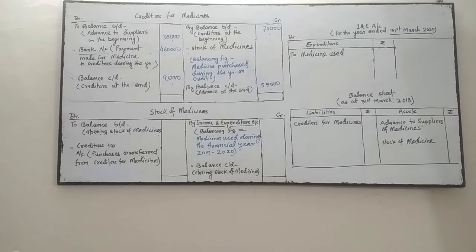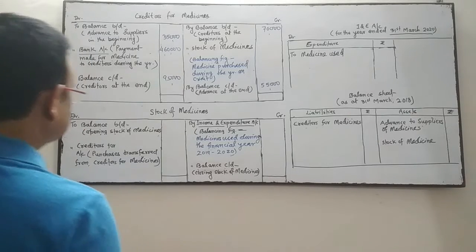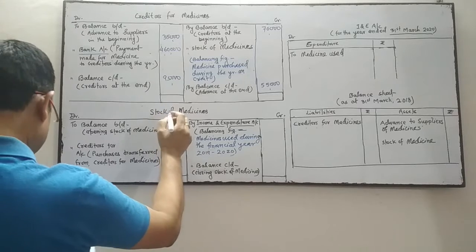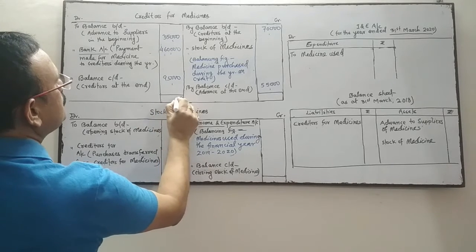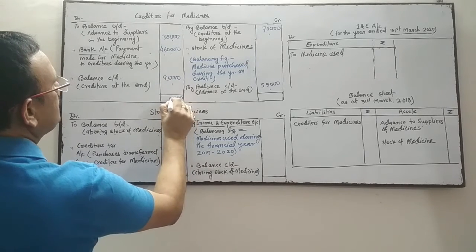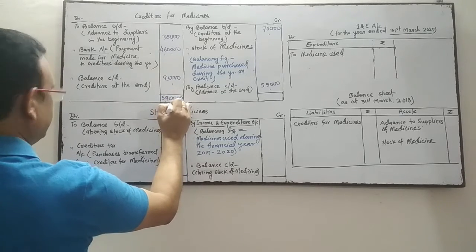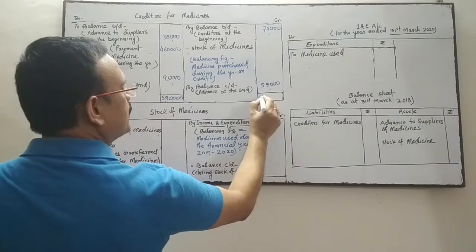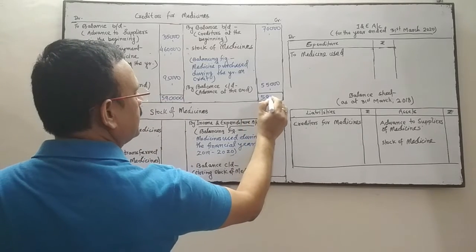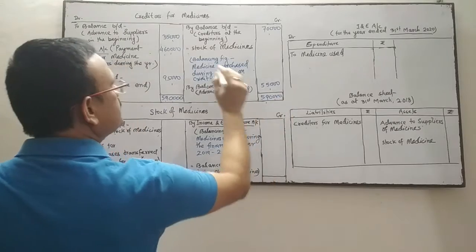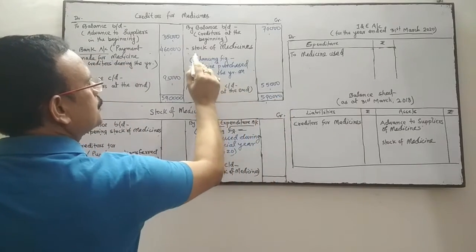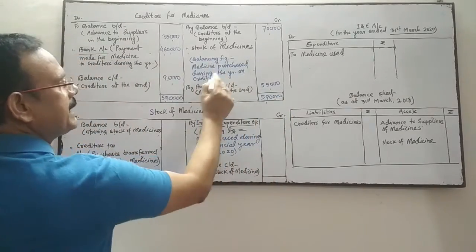Is it clear? Now see the difference amount. You do the total of this side. This side total is 5,90,000. The same amount you write over here, 5,90,000, and the balancing figure indicates the stock of medicine purchased during the year.